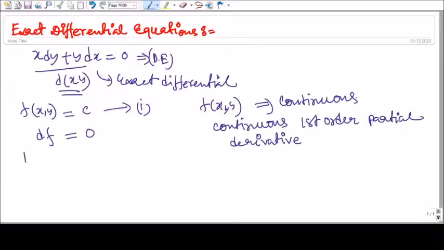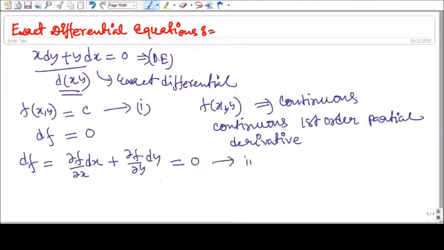We can write the total differential as the partial derivative of f with respect to x, when y remains constant, times dx, plus the partial derivative of f with respect to y, when x remains constant, times dy. So this is equal to 0, and this becomes a first order differential equation.